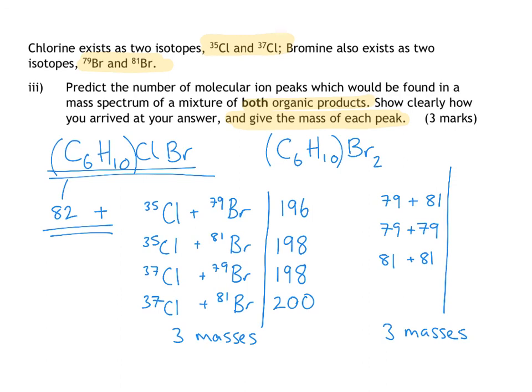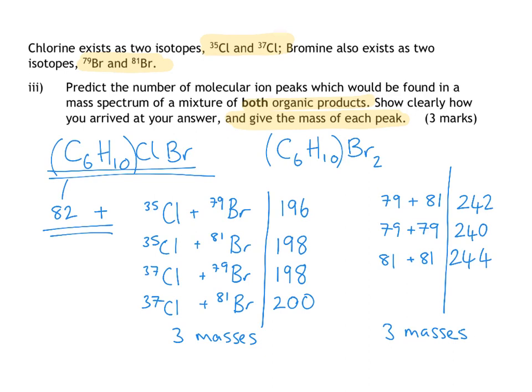They're going to be 2 apart because those are the differences between the masses of the isotope. So the 79 and the 81 plus the 82 from the C6H10 gives me a molecular mass of 242. 79 plus 79 is 2 less than that, so that would be 240. 81 plus 81 would be 2 more than the original one, which would be 244.